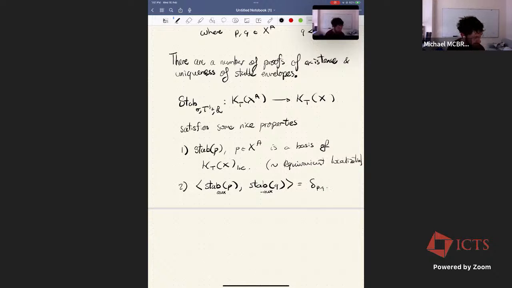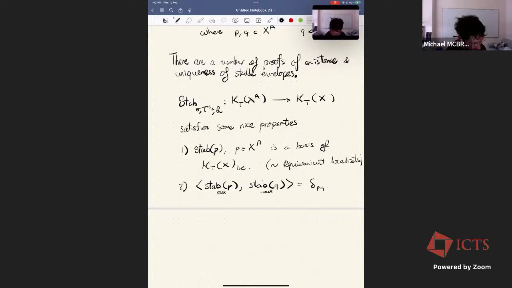I leave it to you to guess what it means to take the opposite auxiliary data: opposite cocharacter, opposite polarization, opposite slope.